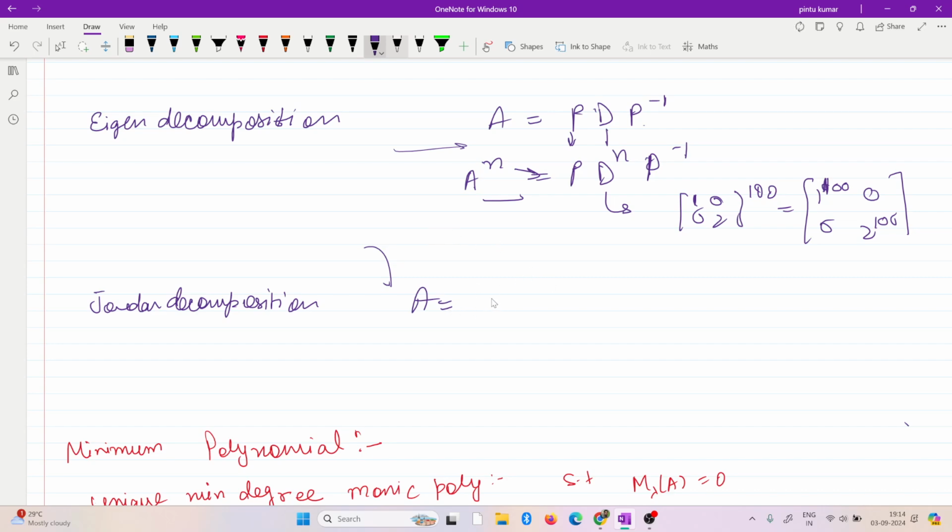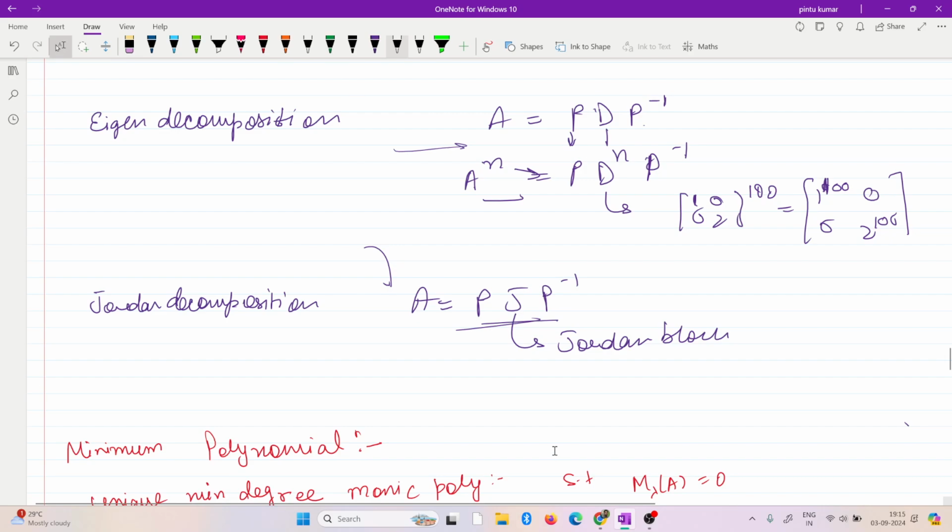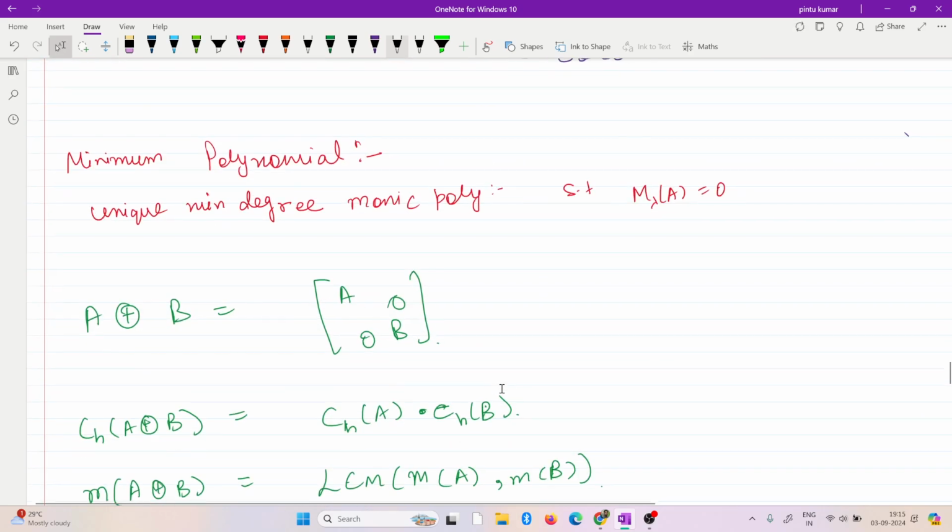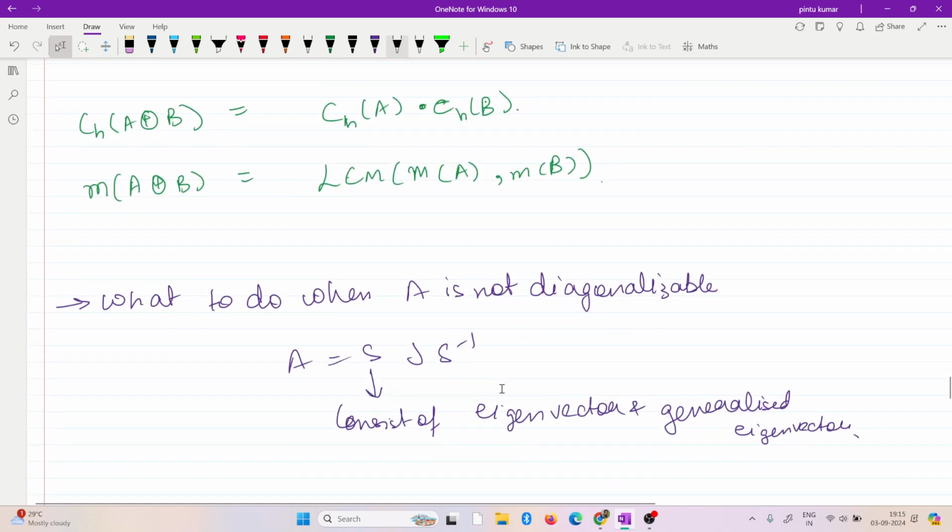So A is given by some P J P inverse, where J is a Jordan block matrix. We'll talk about what a Jordan block matrix is. It is not as easy as raising a diagonal matrix to the power n, but it has some special rules by which you can manipulate J to the power n. So this is also pretty useful. It is not a waste. This is the motivation.